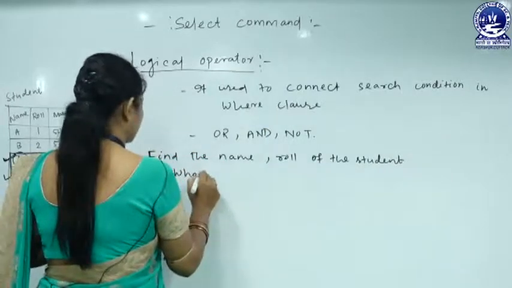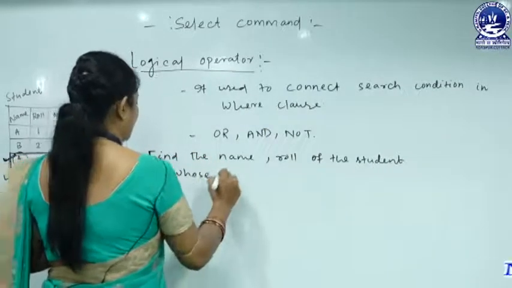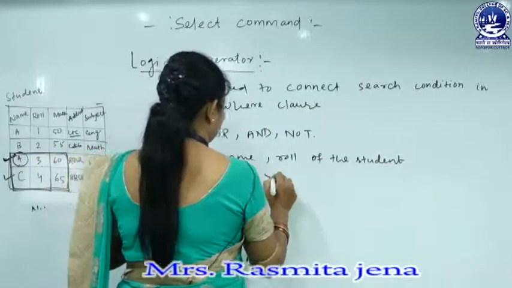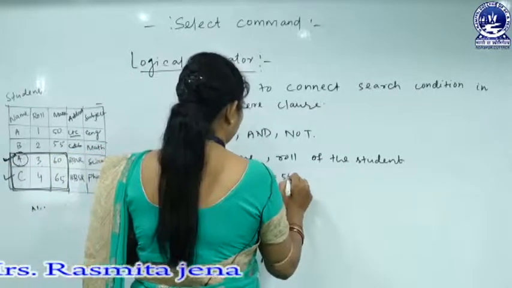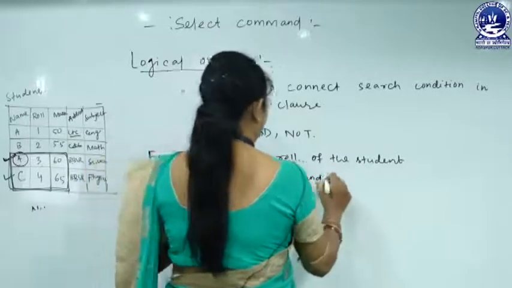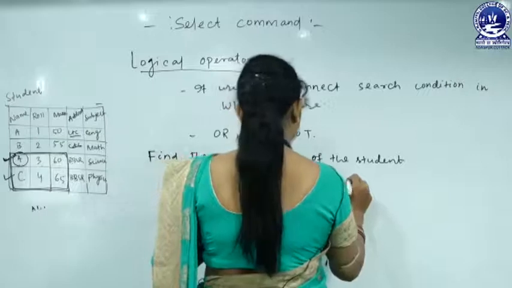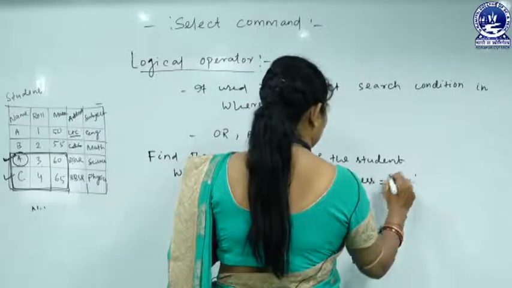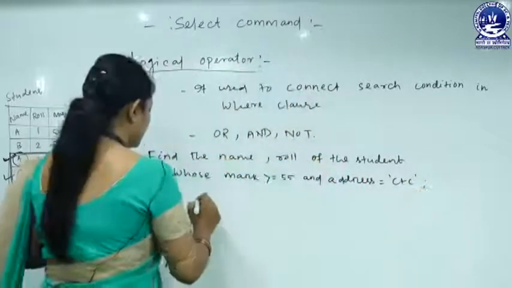whose mark is greater than equals to 55 and address equals to CTC. Okay. For that I write the query.